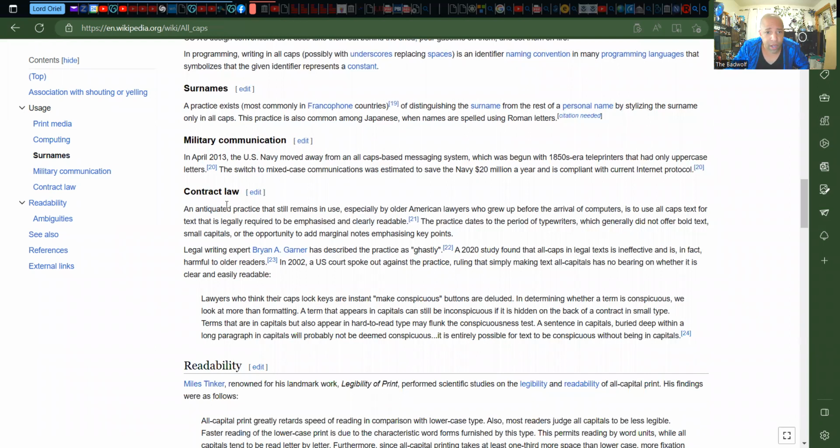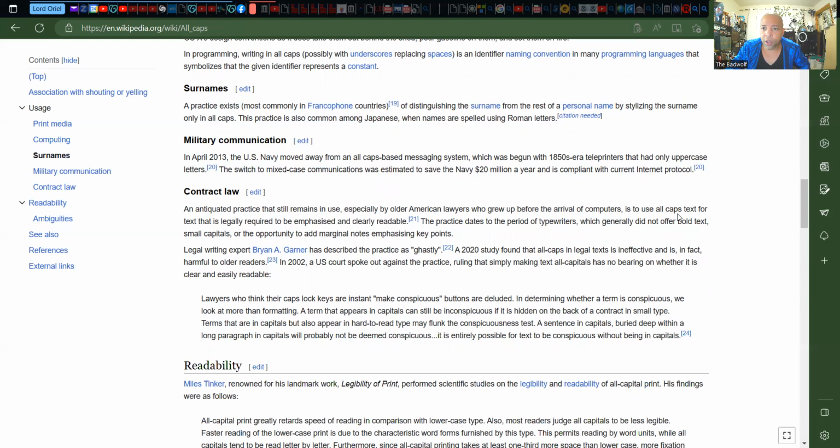Okay, so it's got some place in contract law. Contract law, an antiquated practice. It is not antiquated. It is still very much used everywhere. Everything is contract, so that's not accurate, but okay. Especially by older Americans, older American lawyers who grew up before the arrival of computers. Okay, so they're not trying to downplay it.